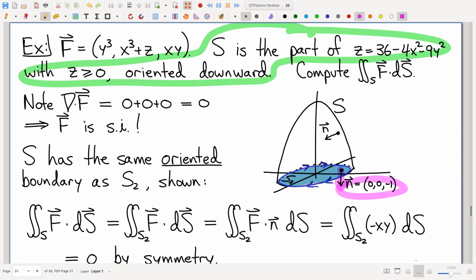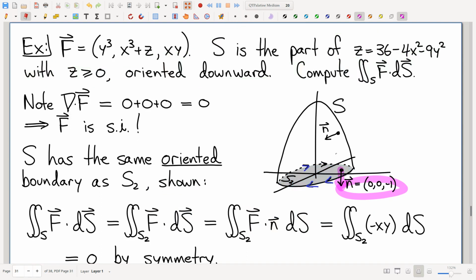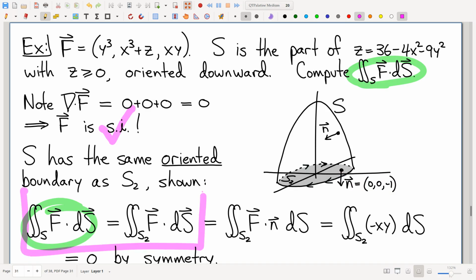Is everybody with me so far? Okay, so we've made lots of progress here. We were asked to compute an integral. We found that this is a surface-independent vector field, and so because it's surface-independent, I'm going to compute this different flux instead. Just as good, right?